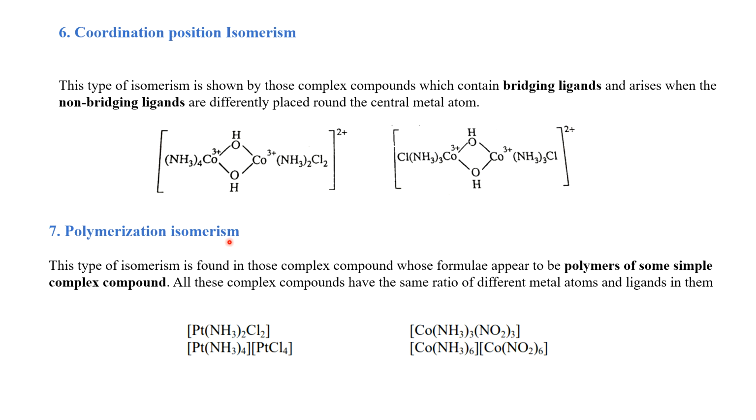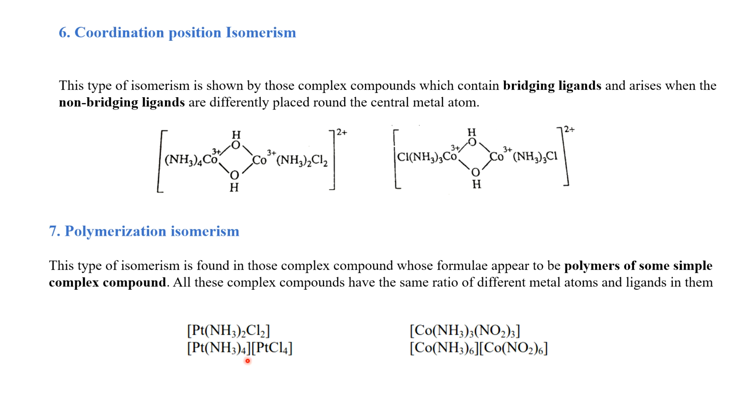And the last one is polymerization isomerism. In this type of isomers, you can say that one looks like a monomer, and another looks like the polymer of the monomer. So these two will be called polymerization isomers. In this case, we have one platinum, 2 ammonia and 2 chloride ligands.